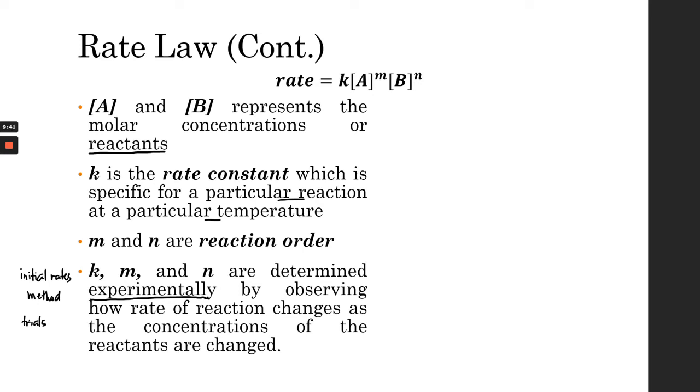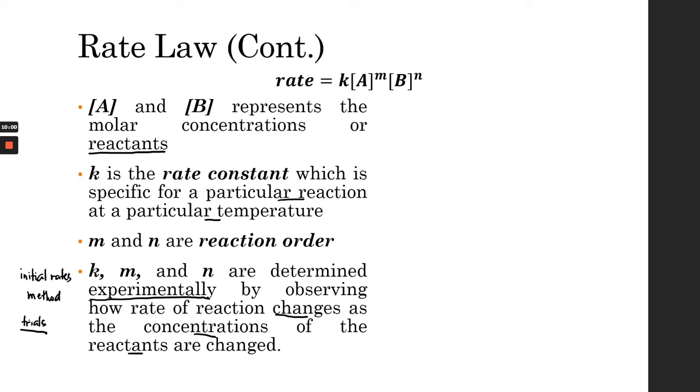What the initial rates method does is basically you change the concentrations of your reactants. So for example, you have this equation right here.